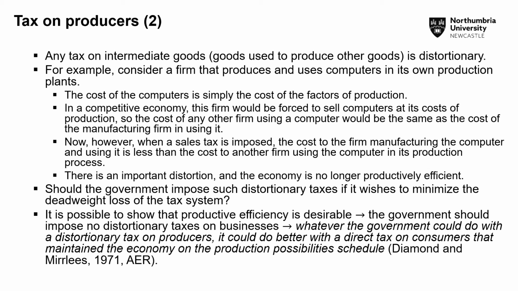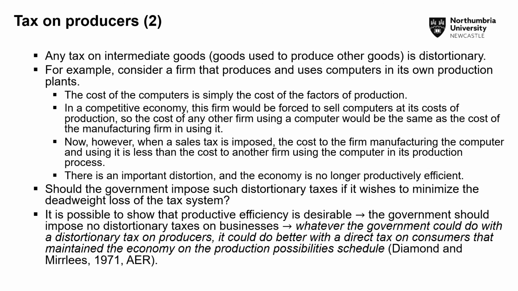Now let's say we introduce a sales tax. What happens then? The sales tax is then reflected in the cost of producing that computer. In other words, there's the cost of producing that computer plus the tax. So anyone that purchases that computer now and uses it in their production process has a higher cost to pay than that computer was originally manufactured at because of that tax.